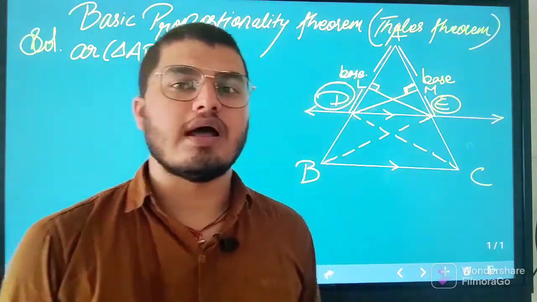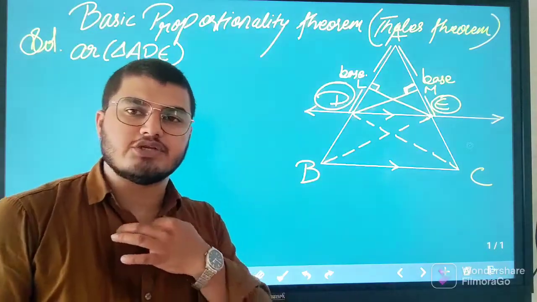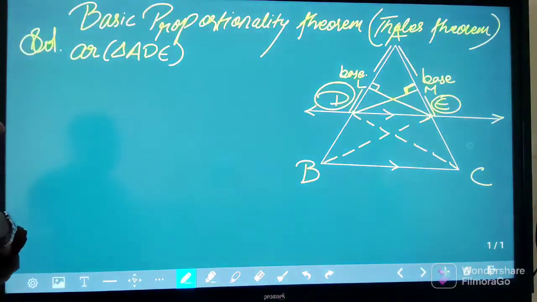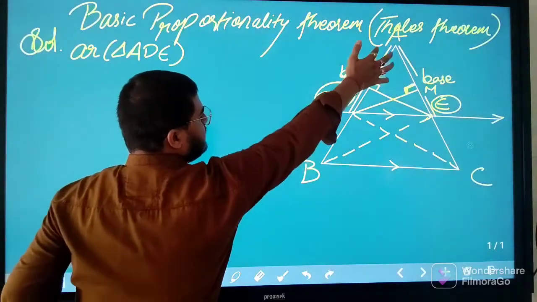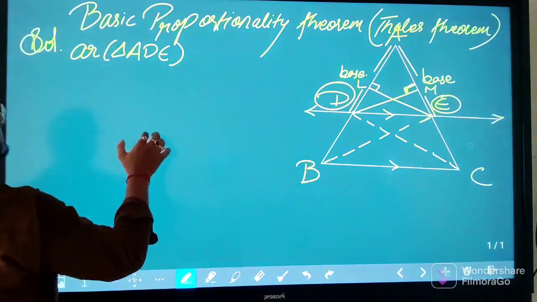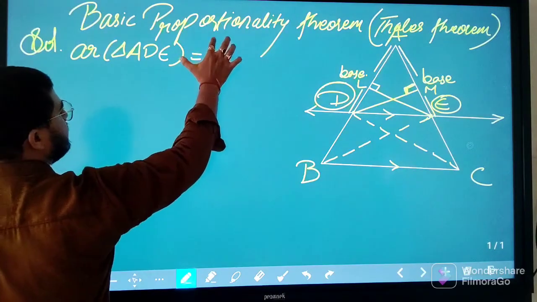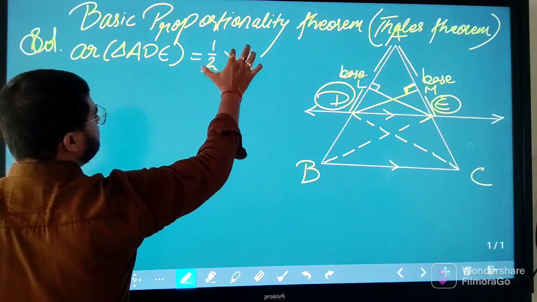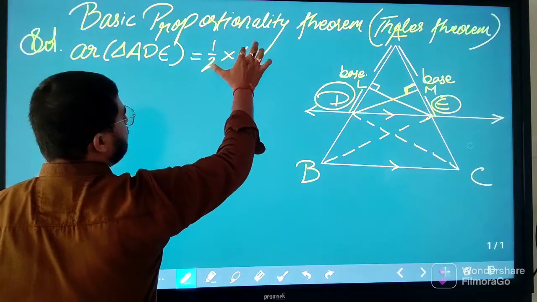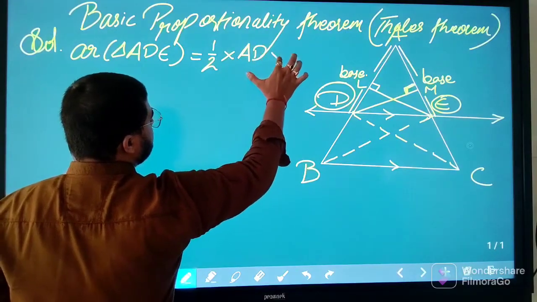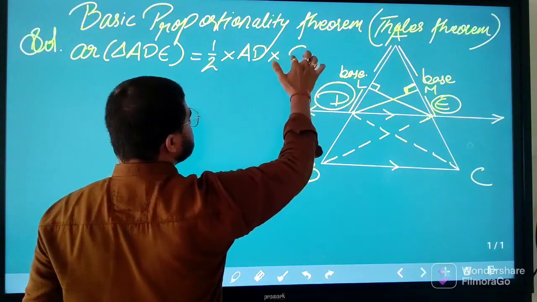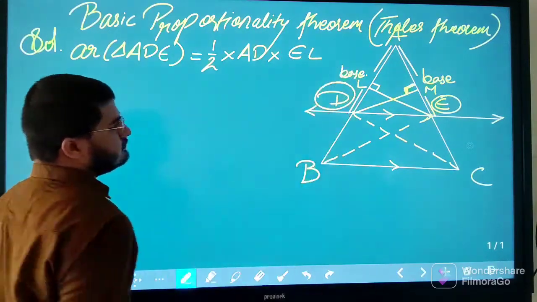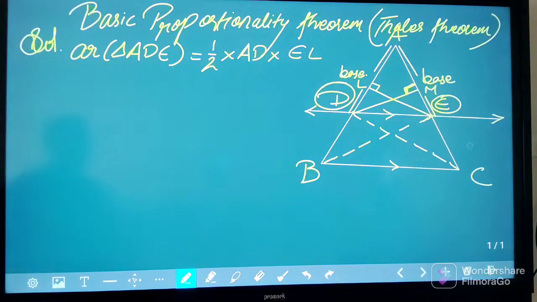Half base into height is the area of the triangle. So if we are observing from the left side, that is the AD side, AD is the base, so area of this will be half multiplied by base. Base is AD, multiplied by height. Height is the perpendicular, EL. So half AD multiplied by EL. That's correct.